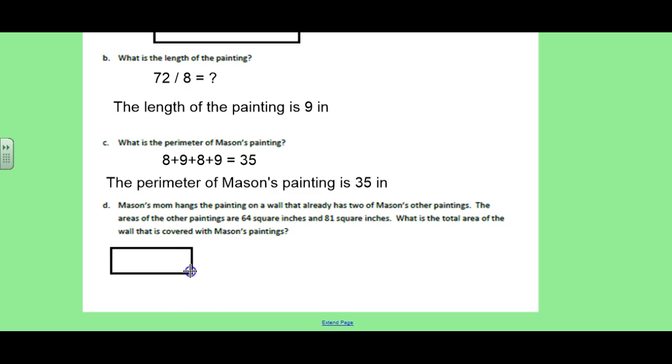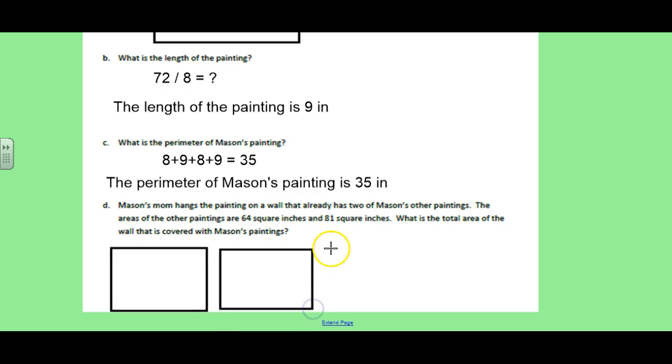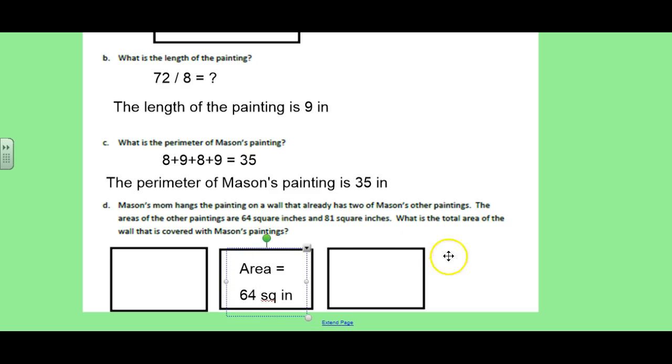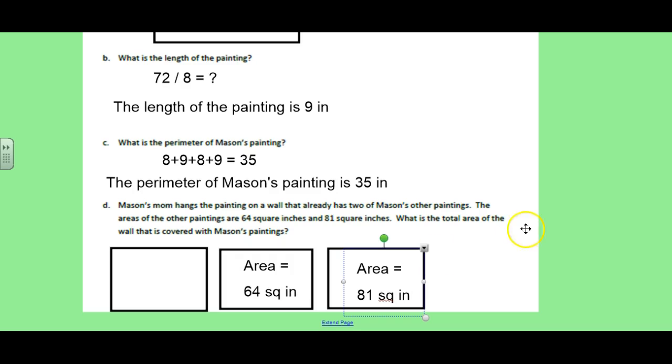So I want you to make 3 different rectangles on your paper to show his 3 paintings. We know that one of the other paintings on the wall has an area equal to 64 square inches. So we're going to put that on one of the paintings. And now you're going to go to the other one, and that area is equal to 81 square inches.